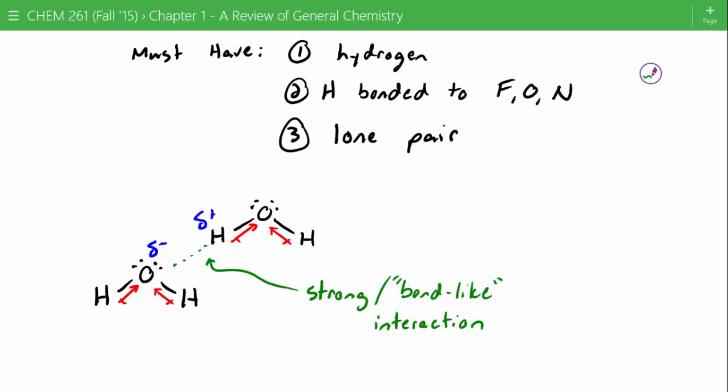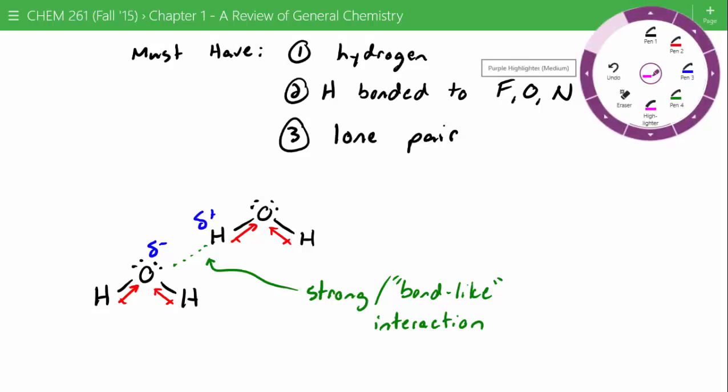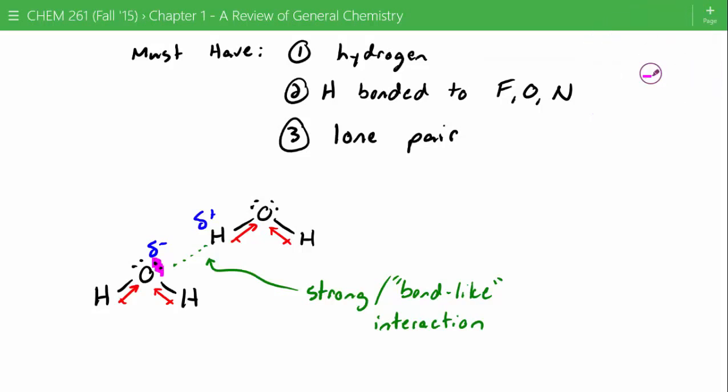So in this case, the lone pair on this oxygen right here is very, very electron rich because oxygen is pulling electron density away from these hydrogens. So this has electrons plus some. And so these are very, very attracted to the hydrogen on the neighboring water molecule, which is very electron poor.